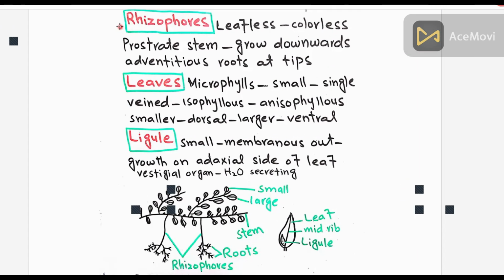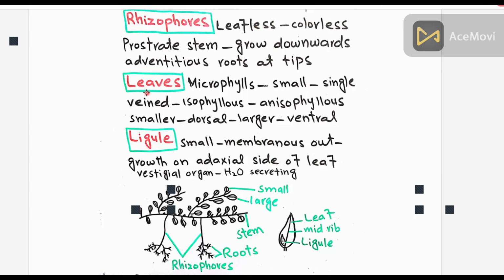Rhizophores are leafless and colorless branches that arise from the prostrate stem and grow downwards and bear a group of adventitious roots at their tip. They are called rhizophores.